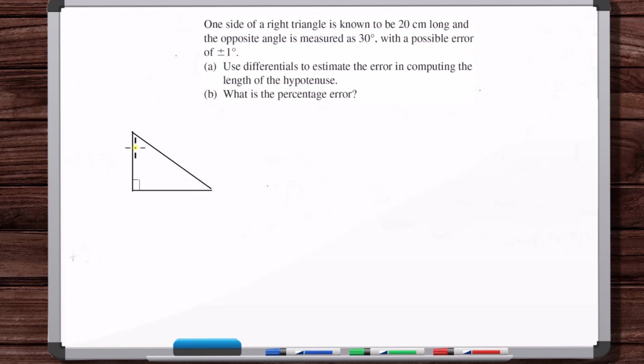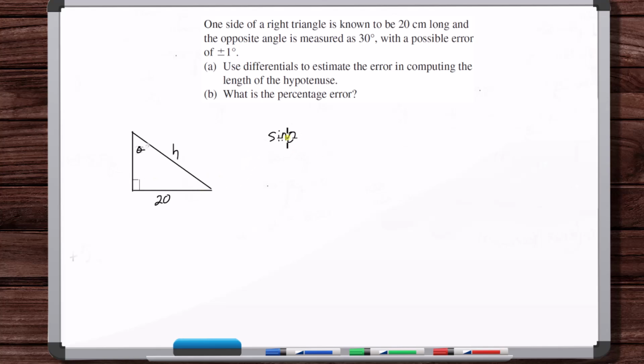So we've got 30 degrees, 20 centimeters. This is 30 plus or minus 1 degree. So the hypotenuse is... we'll call this theta.